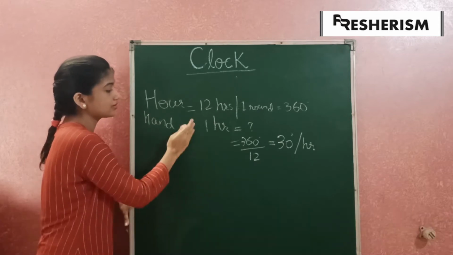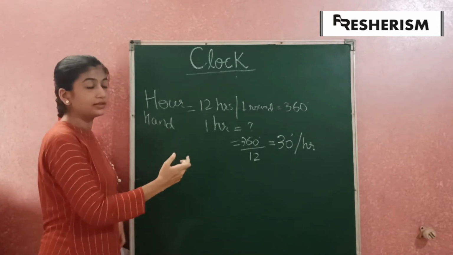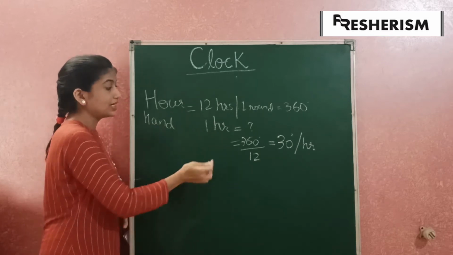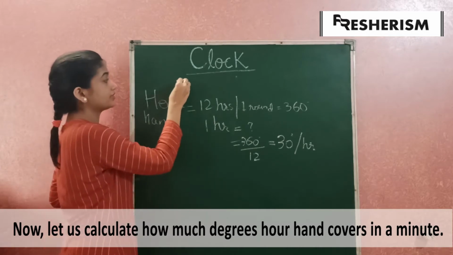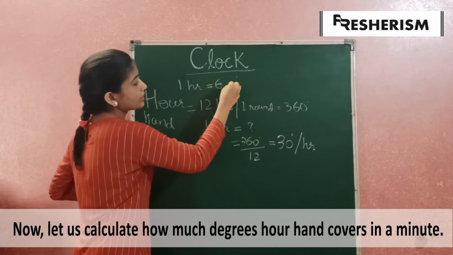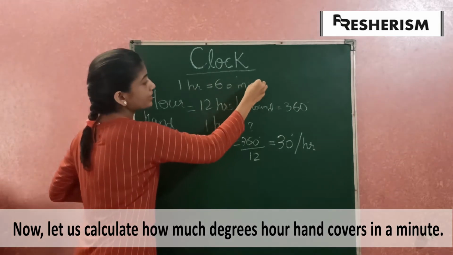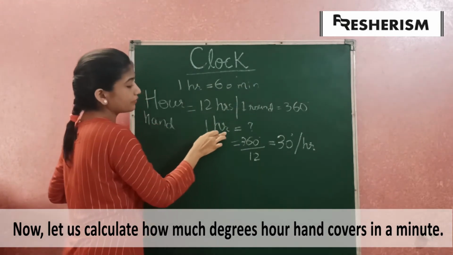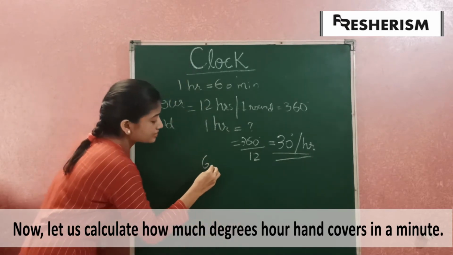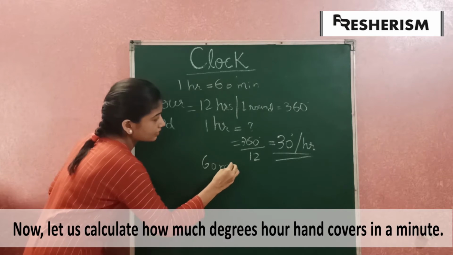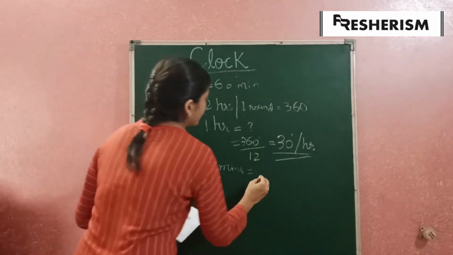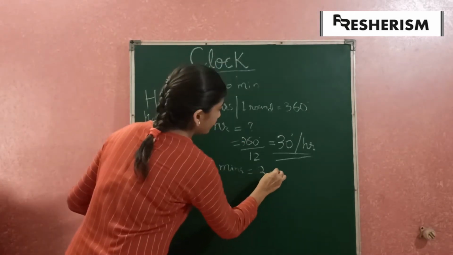Suppose someone asks how many degrees the hour hand covers in a minute. Let's divide the hour into minutes. 1 hour is equal to 60 minutes. So 60 minutes is equal to 30 degrees.